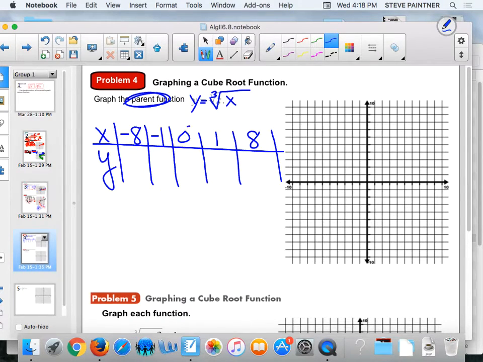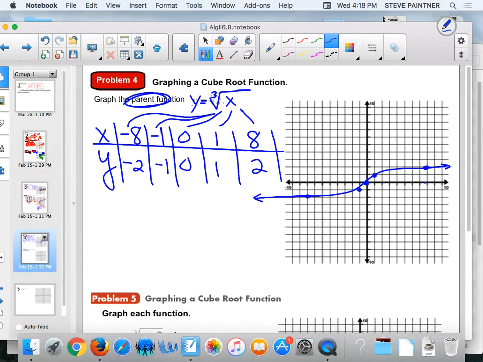The cube root of 0 is 0, 1 is 1, 8 is 2, -1 is -1, -8 is -2. Graph it: 0, 0; 1, 1; and 8, 2; -1, -1; -8, -2. And there it goes. It continually falls and it continually grows on the right side. But that's what it looks like every time.